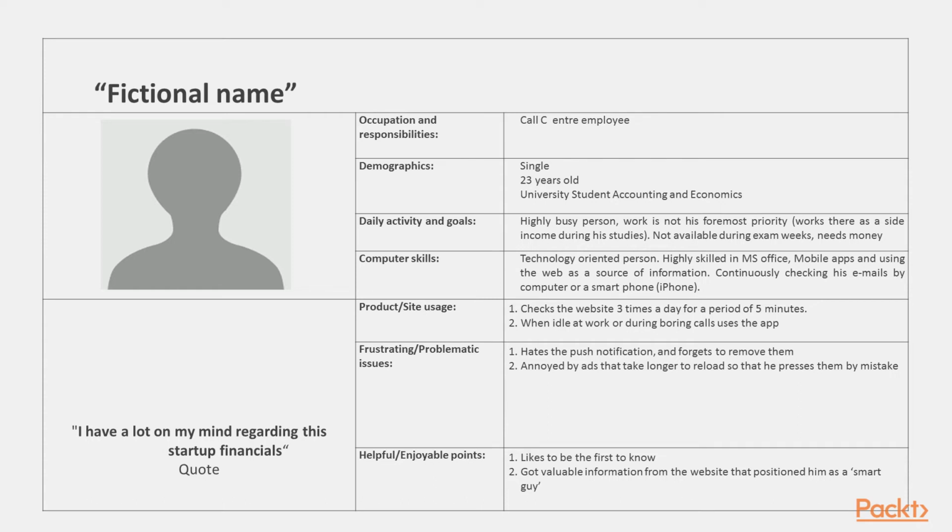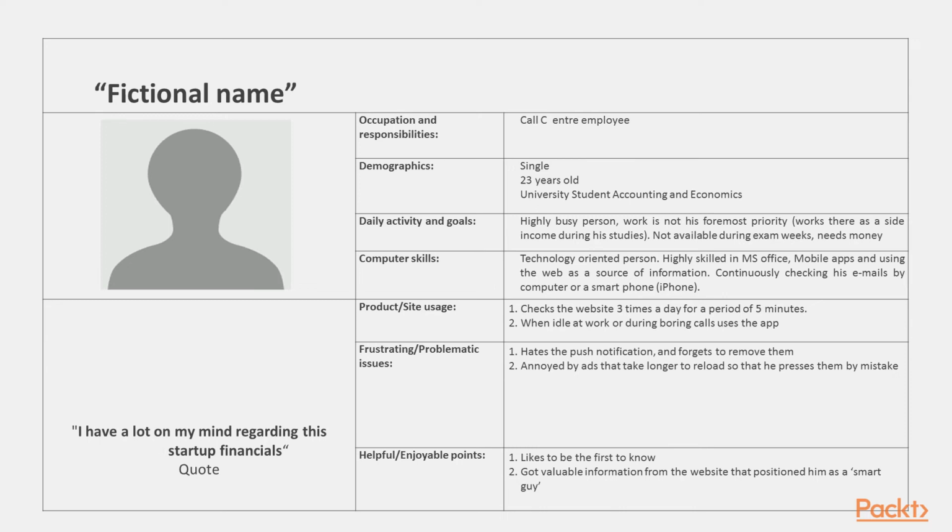Let's look at this template. A fictional name, and a quote that sums up what matters most to the persona. It gives a general sense of the persona and their personality. Job title and major responsibilities, demographics such as age, education, ethnicity, and domestic status, daily activities and goals. The goals are tasks they are trying to complete using products they already have.